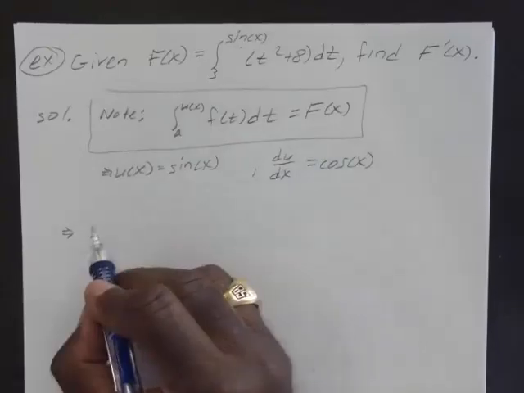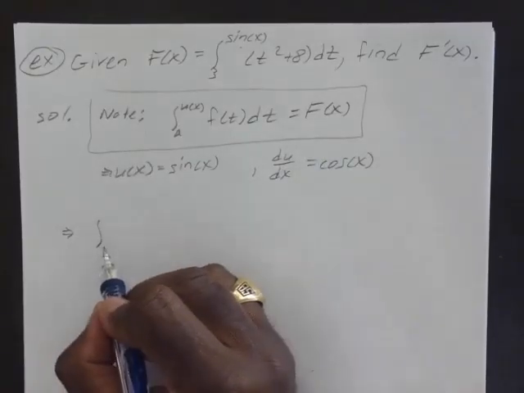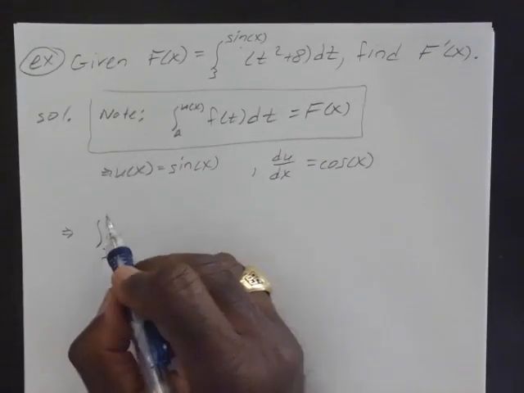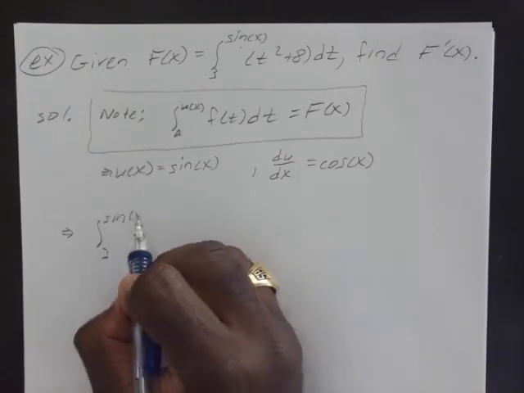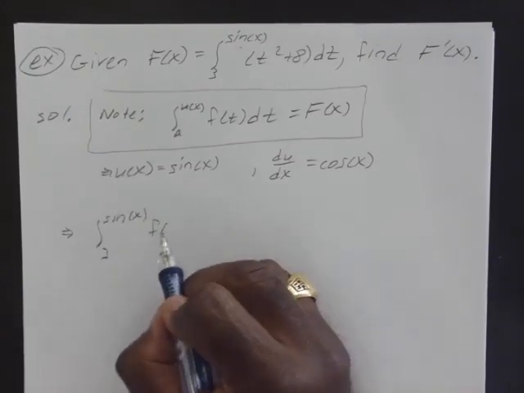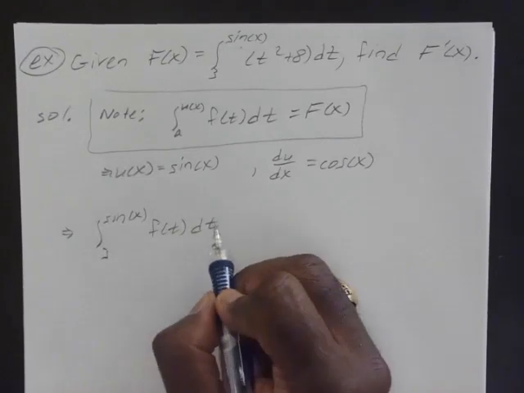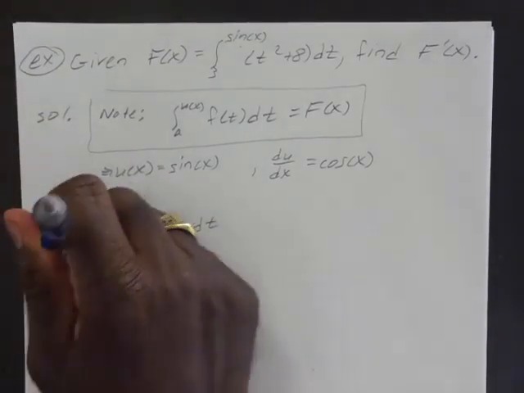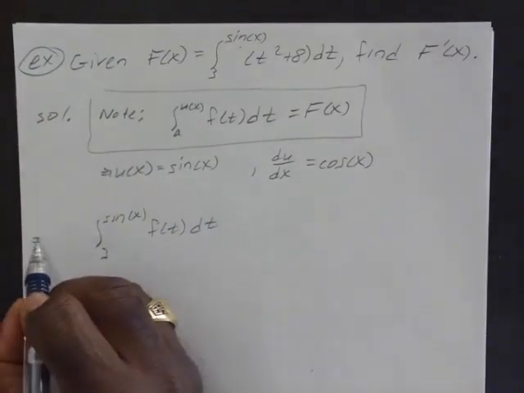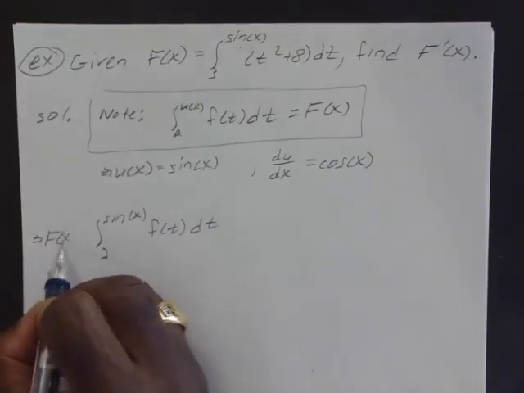So you don't have to rewrite this if you don't want to, but I'm just going to rewrite it from 3 to sine of x of f of t with respect to t is equal to your f of x, or uppercase F of x.